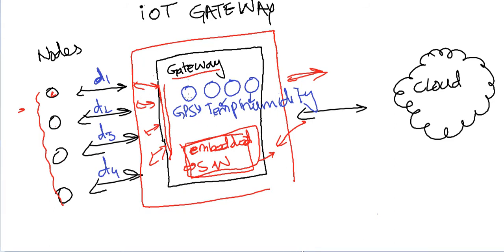So all this data will be processed with the help of this software, analyzed, collected, and when it is ready to send, and also our cloud is ready to accept the data, this is our processed data, that is the output.